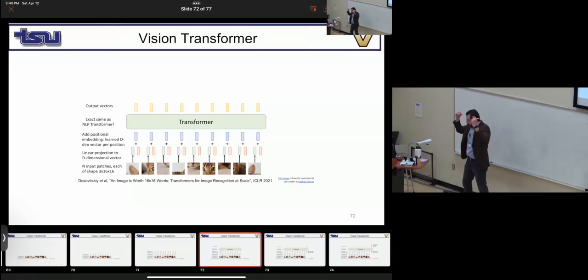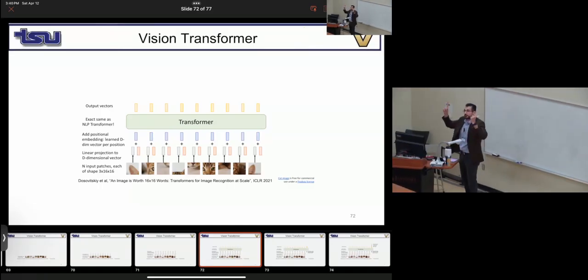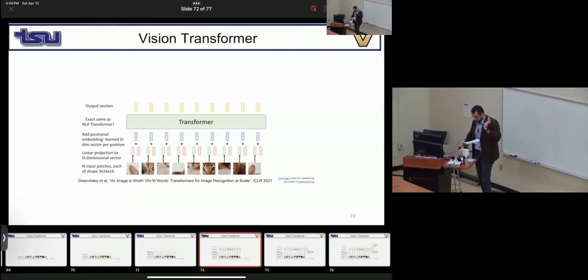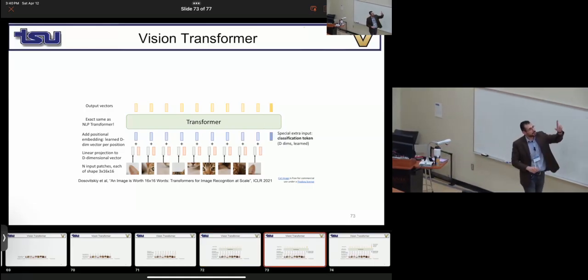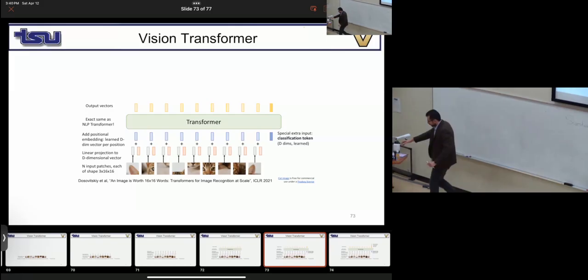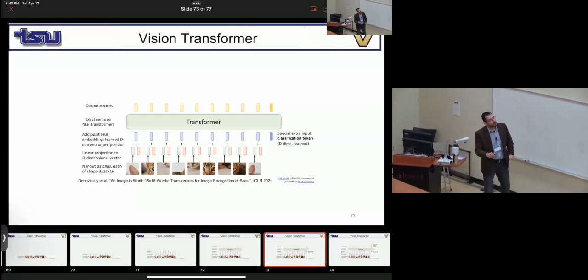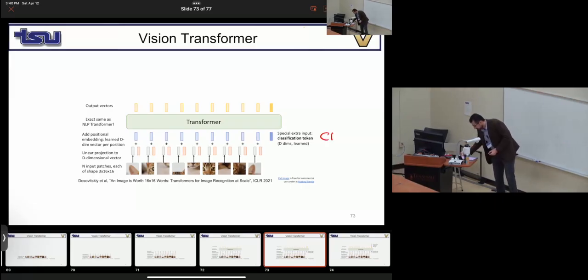The question is, how do we generate one feature? There are many ways to do this, but the vision transformer paper said we are actually going to add another learnable parameter. Let me point to it here. We are going to call this the CLS token, or simply the classification token.